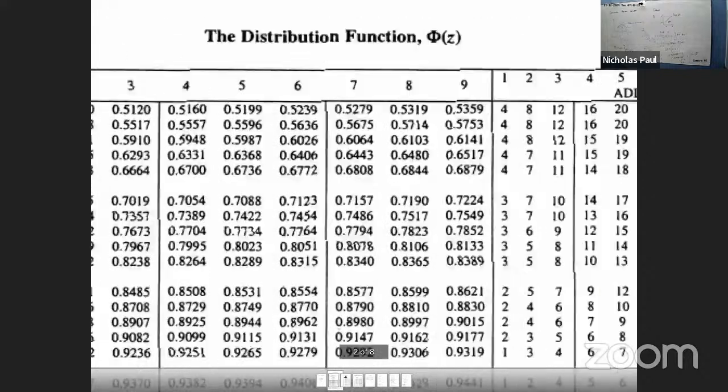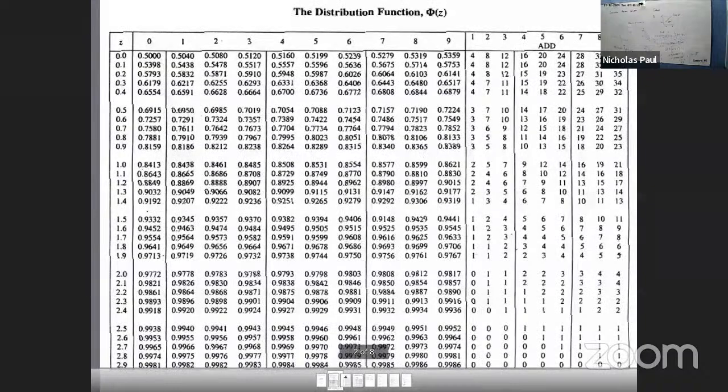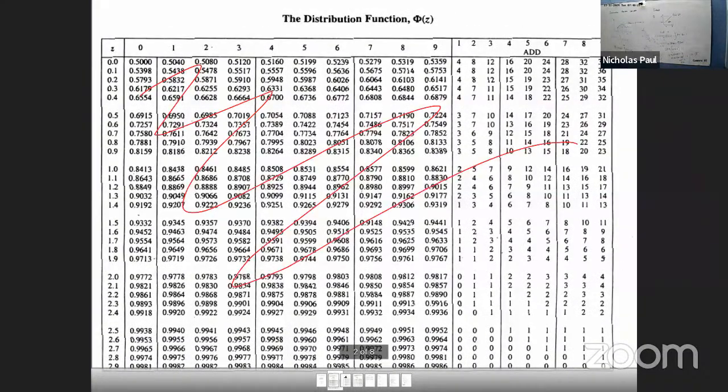And that table looks like this. It gives us all the possible probabilities from 0 all the way until about 2.99. That gives us all the probabilities between 0 and that value. All the values of probability.